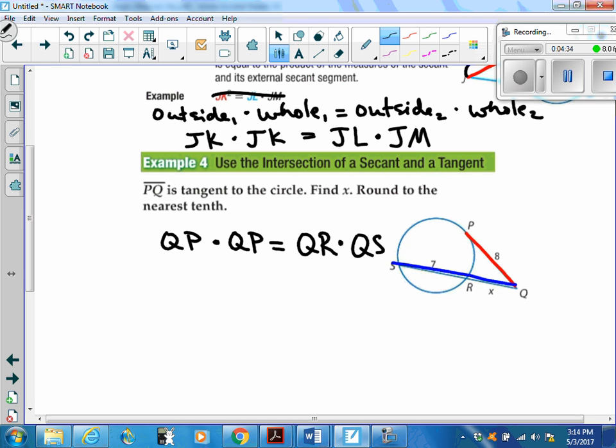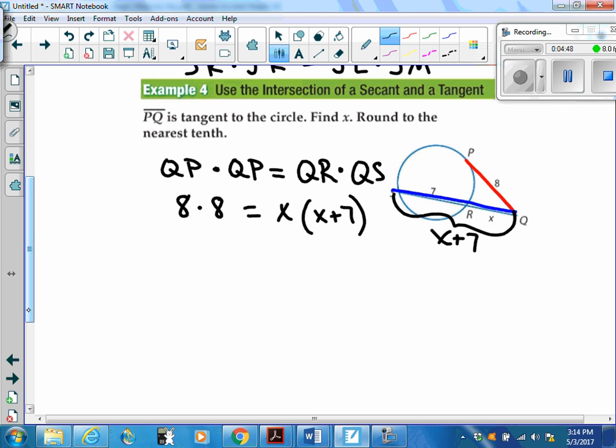Then I want to fill that in. QP is 8, so I end up doing 8 times 8. QR is x, and QS is x plus 7. So here's our equation. I want to simplify both sides. 64 is equal to, and I'm going to distribute the x, that gives me x squared plus 7x.